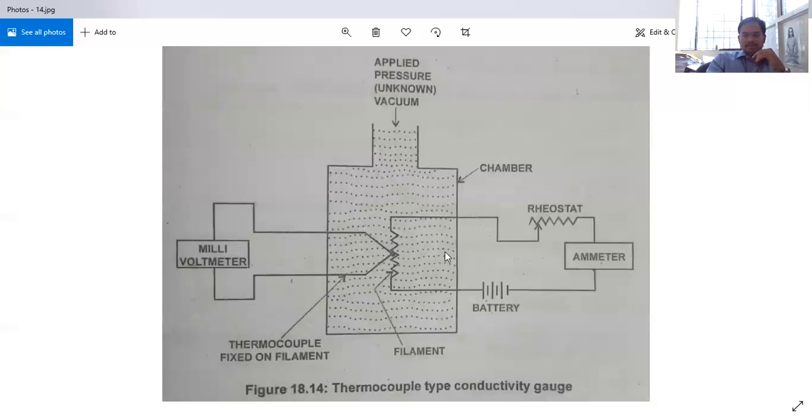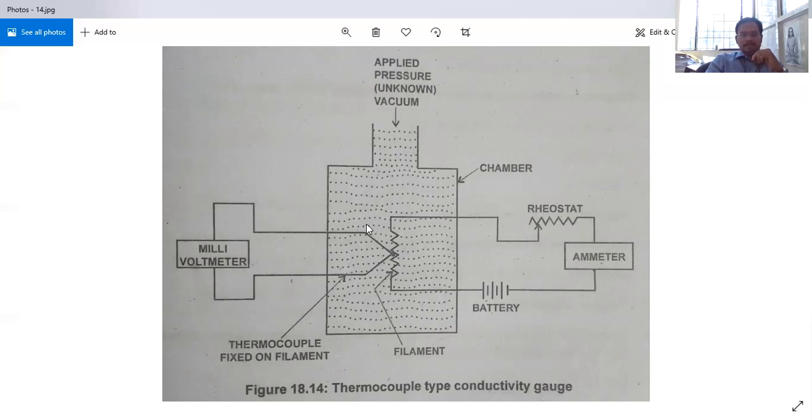In the case of the thermocouple type of conductivity gauge, we need to determine the temperature of this resistance, and this temperature is determined by using a thermocouple. This can be done with the help of the thermocouple type conductivity gauge.